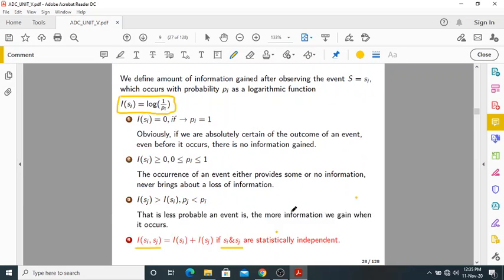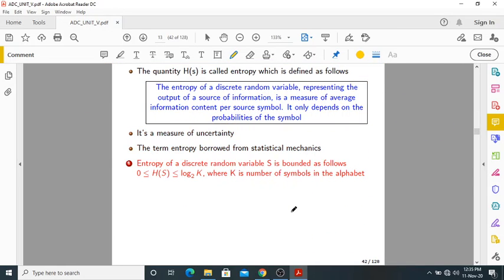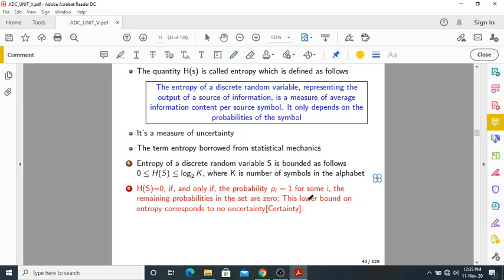So the entropy will be minimum, equal to 0, when P of I equals 1, which means the source emits symbol Si with a probability of 1. We know that the source definitely emits symbol Si, so there is no uncertainty.